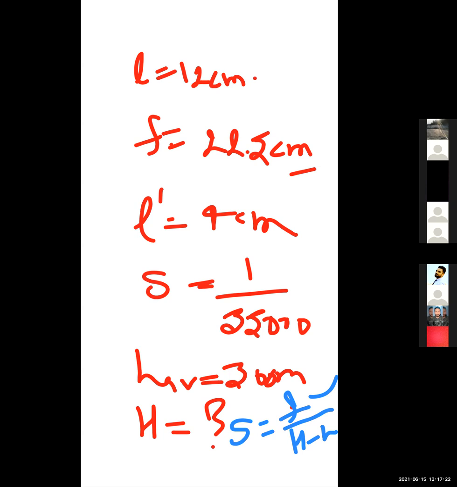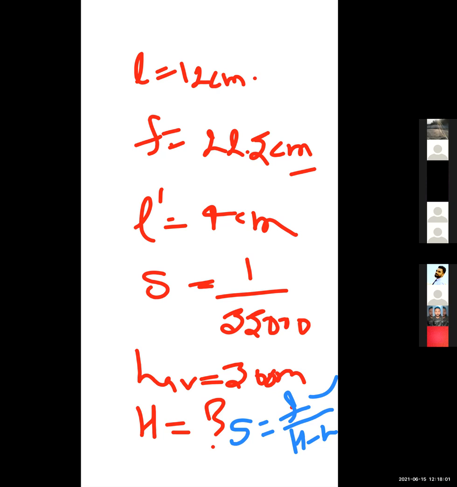Please try, everyone. Scale of photograph.